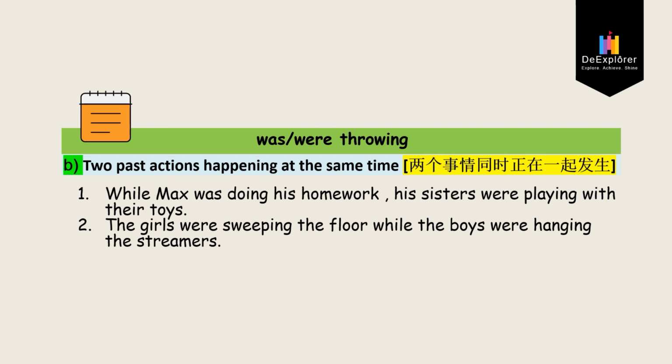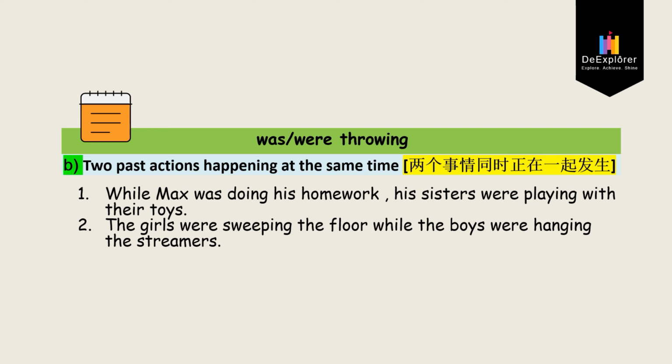One, do his homework. Another one is play with toys. Okay, so 两个同时，它两个事情一起发生。他正在做功课的时候，他的妹妹就正在玩玩具。Okay, so your answer should be written this way. While Max was doing his homework, his sisters were playing with their toys.